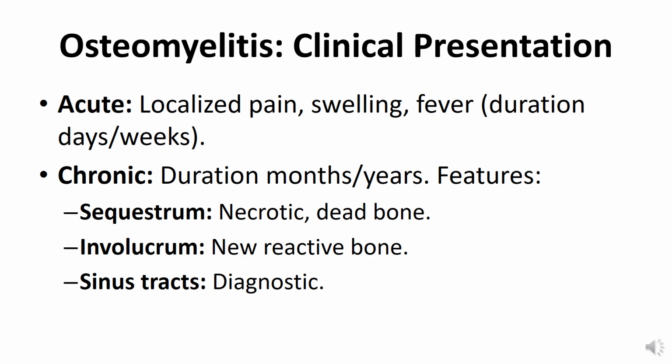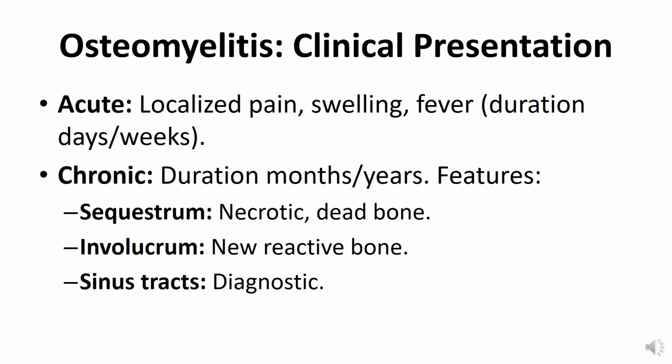These are abnormal channels that extend from the infected bone to the skin surface, allowing pus or drainage to escape. Patients may report recurrent discharge from the same area over long periods. The presence of a draining sinus tract in association with underlying bone infection is considered highly suggestive and often diagnostic of chronic osteomyelitis. The key takeaway is simple.